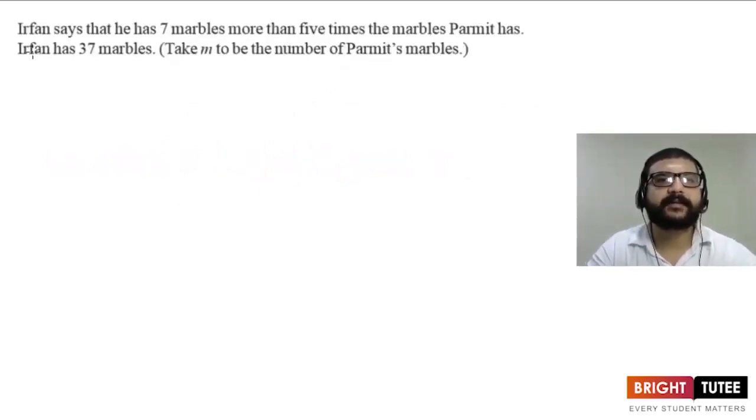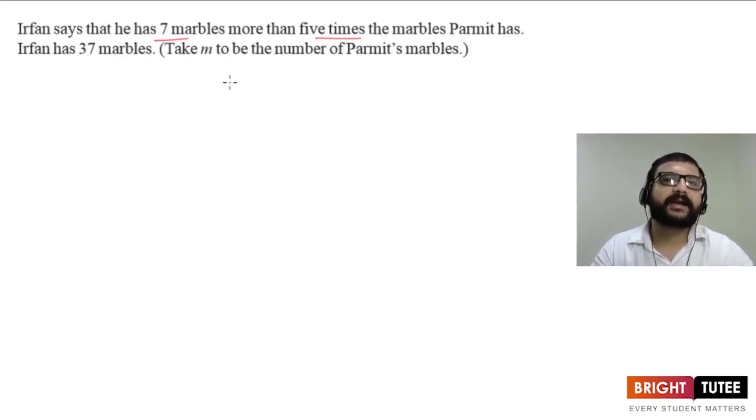Now let's consider one more statement. We have to write an equation for this situation. The statement is: Irfan says that he has 7 marbles more than 5 times the marbles Parmeet has. Irfan has 37 marbles.